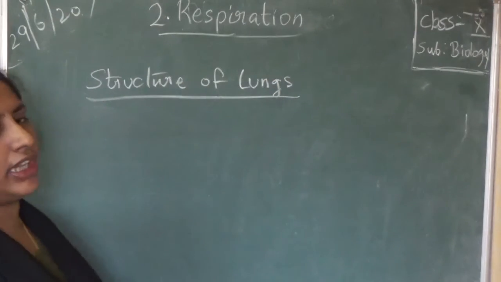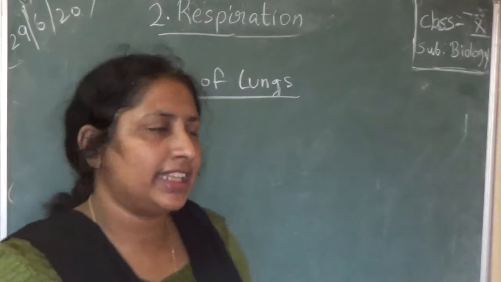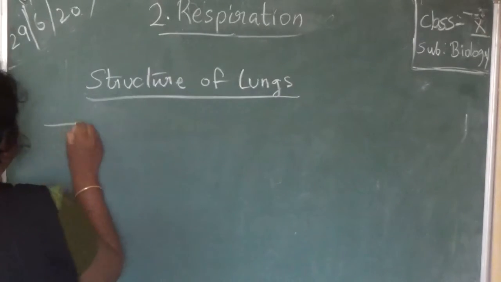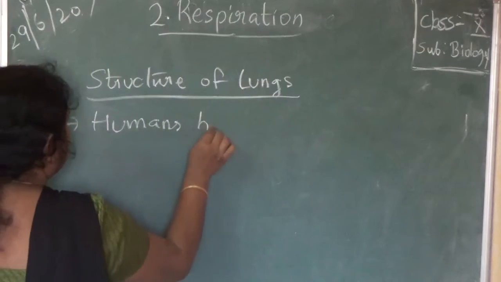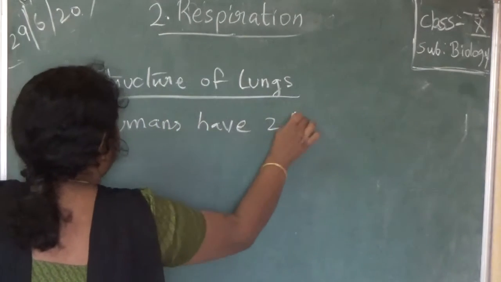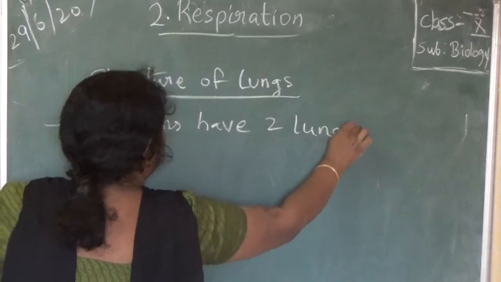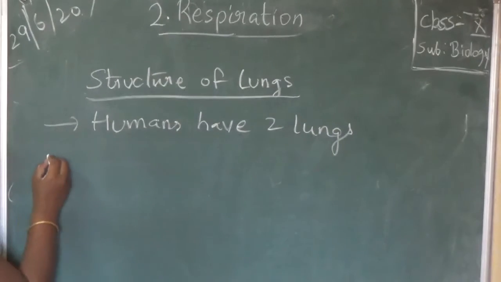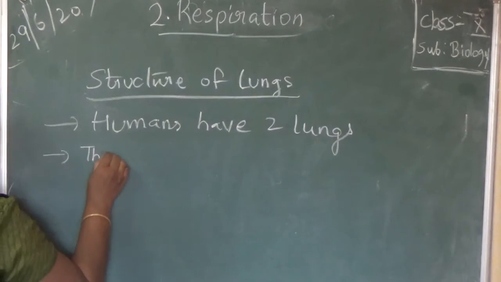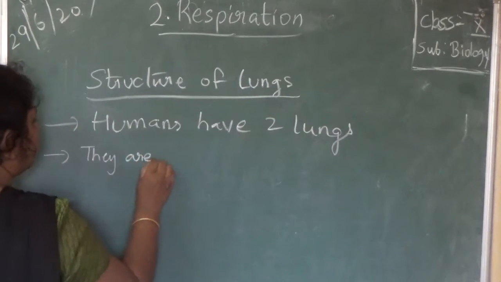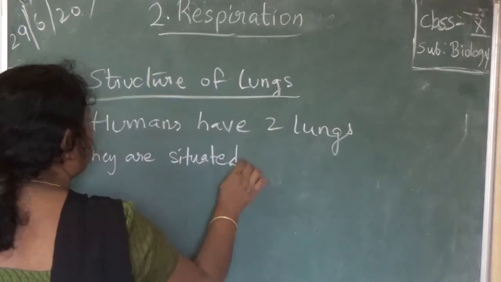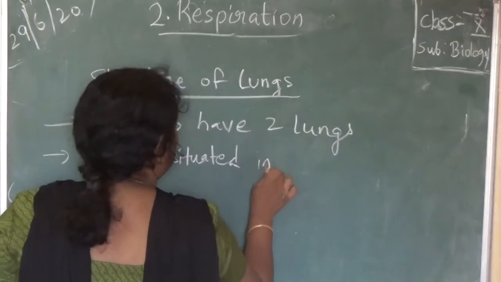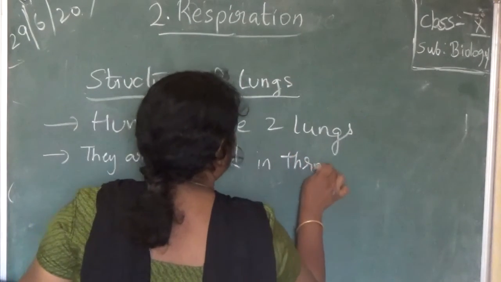Structure of the lung. Humans have two lungs. They are situated in the thoracic cavity.